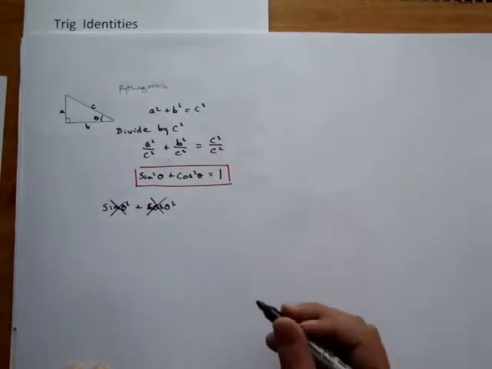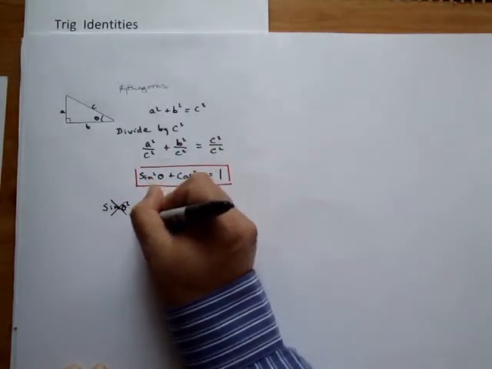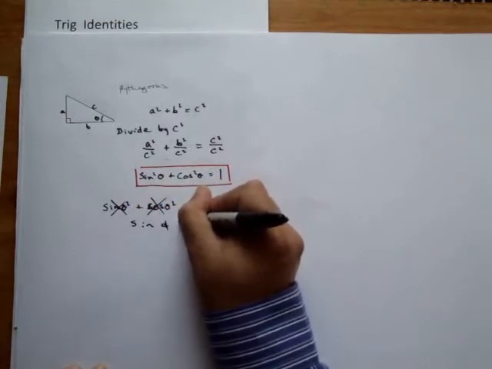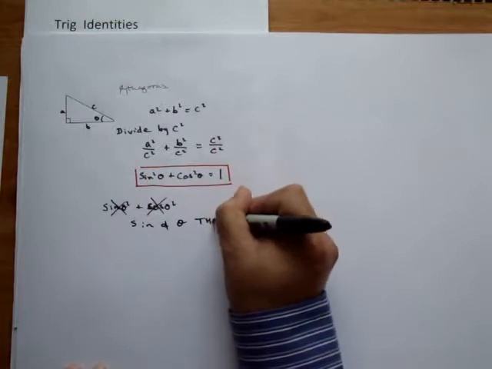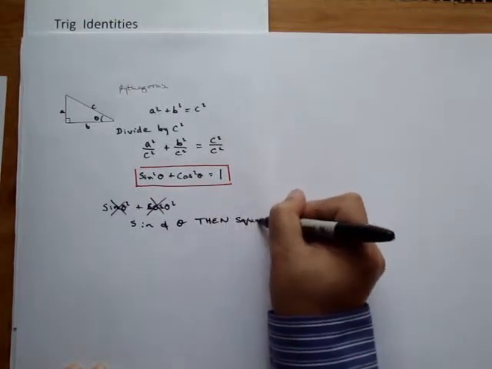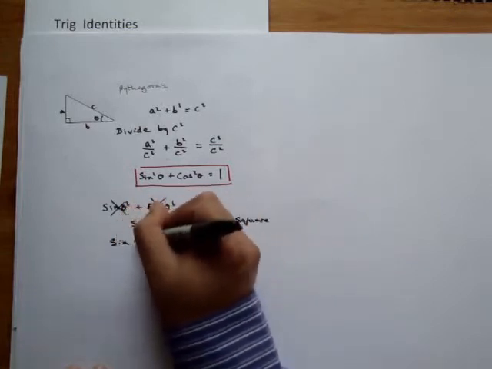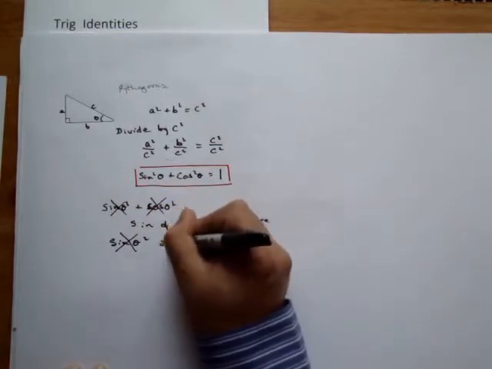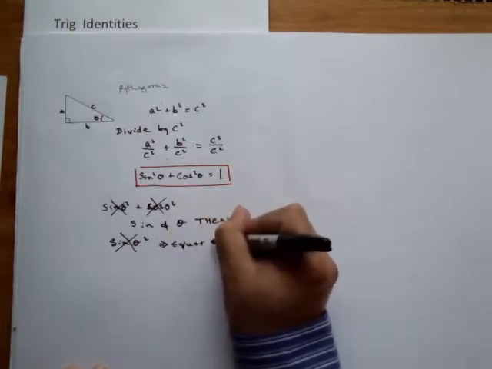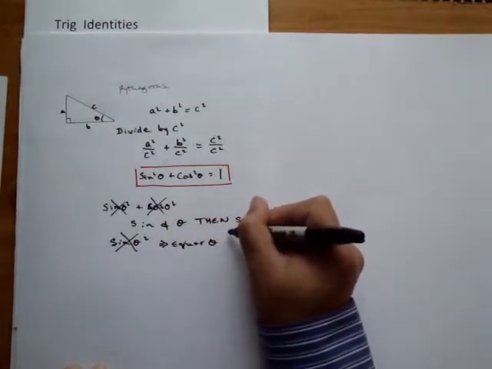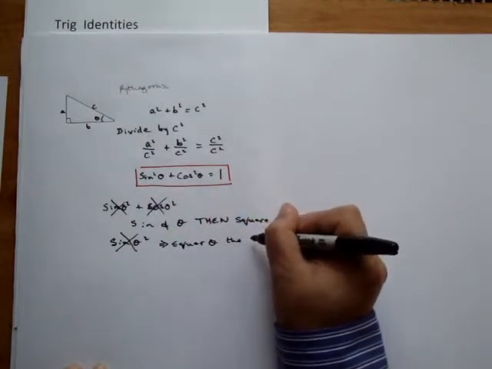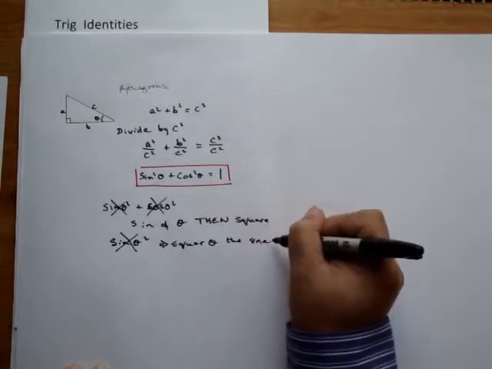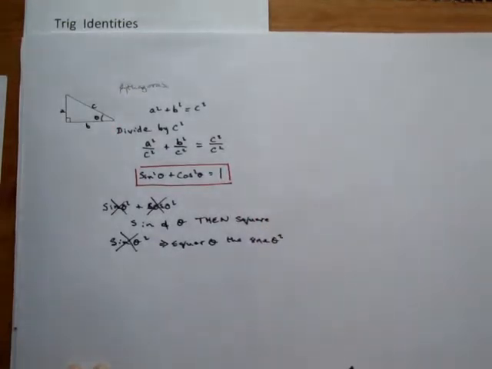This means that we get the sine of theta and then square, whereas this means we get square theta and then sine of theta squared. So we must always write it like this in the box.